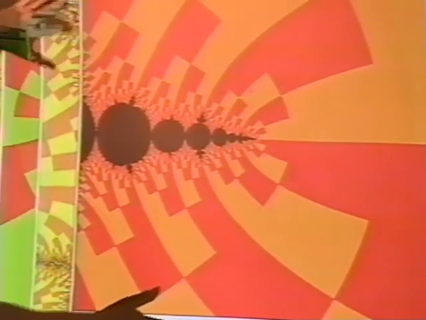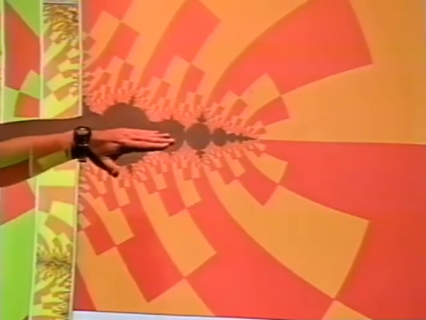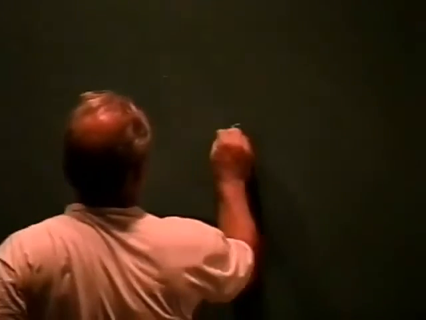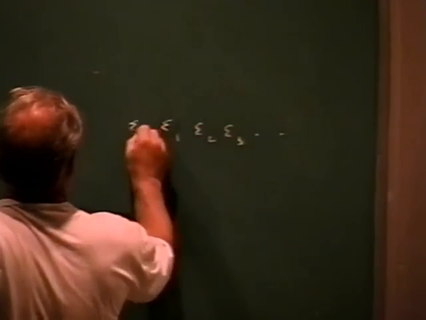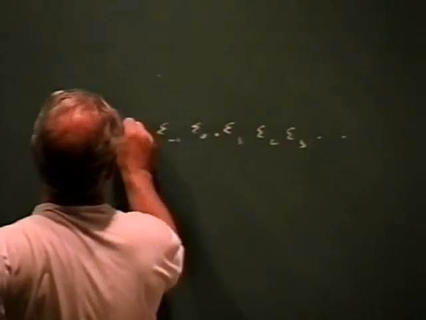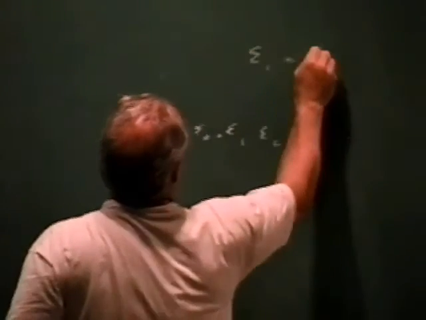And as you go out here, you're going out to the solenoid. In fact, because this is a picture of an unstable manifold, you're going to a particular part of the solenoid. A solenoid is something where you can write things as epsilon 1, epsilon 2, epsilon 3, epsilon naught, epsilon minus 1, epsilon minus 2, and so forth, with epsilon i equal to 0 or 1.